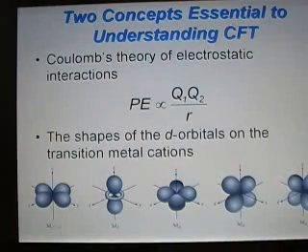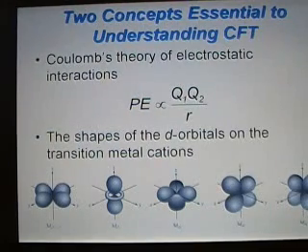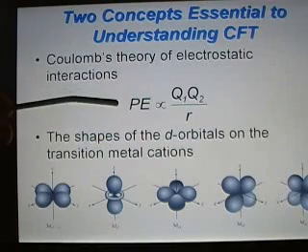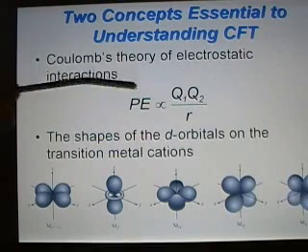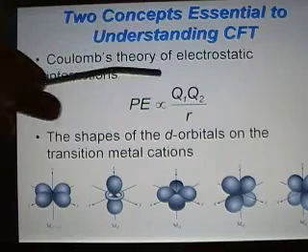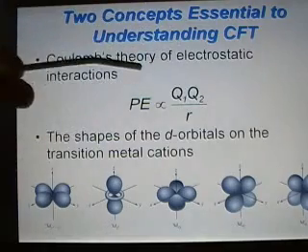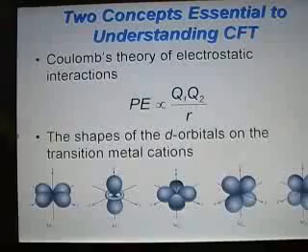There are two concepts that are absolutely essential to understanding CFT. First is Coulomb's theory of electrostatic interactions. You remember this, that the potential energy between two objects is based upon the charges of the objects and the distance between them.